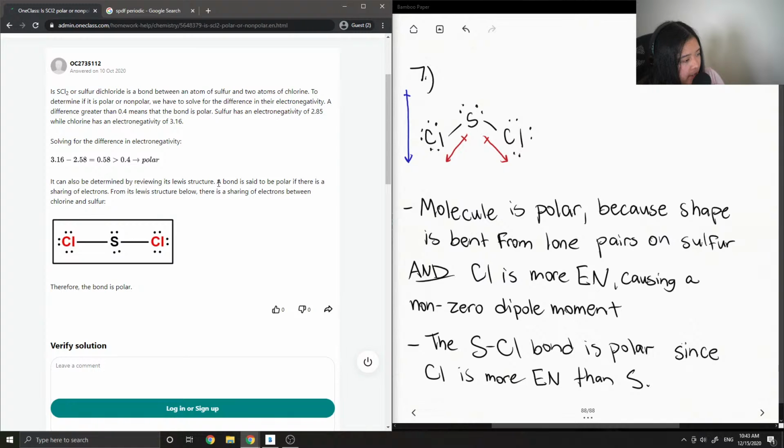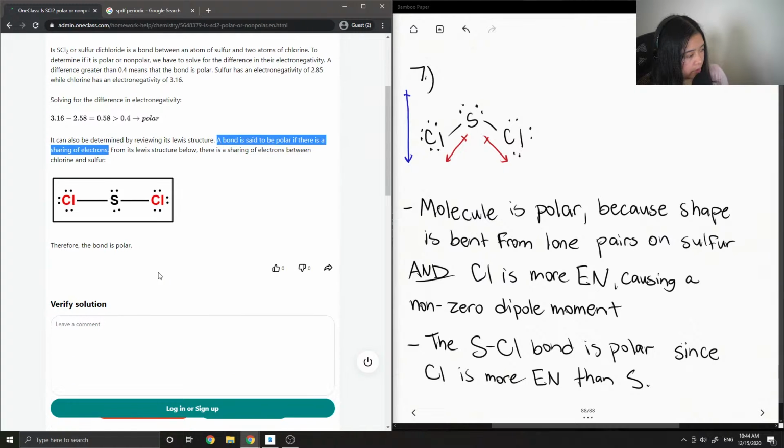So this sentence isn't necessarily correct because you can have a sharing of electrons and the bond can also be nonpolar. An example is carbon and hydrogen. They still share electrons, but the carbon-hydrogen bond is nonpolar. So I can just kind of correct them.